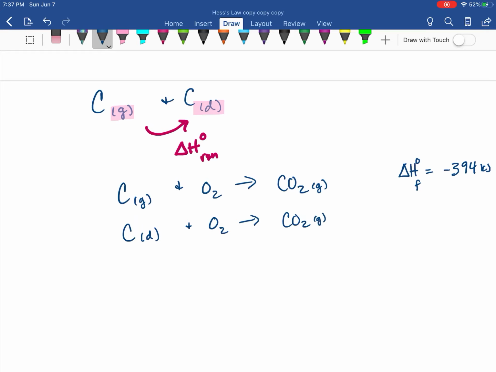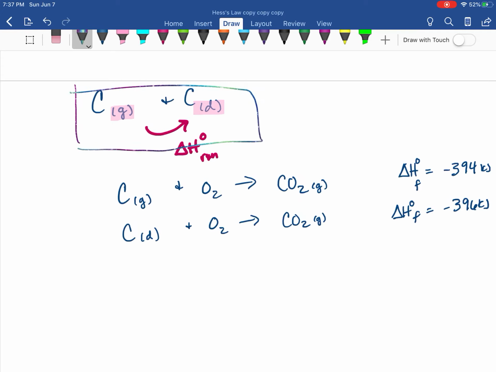Right underneath it, I have carbon diamond reacting with oxygen and making CO2. And that is also on our table, and that is exothermic by 396 kilojoules.